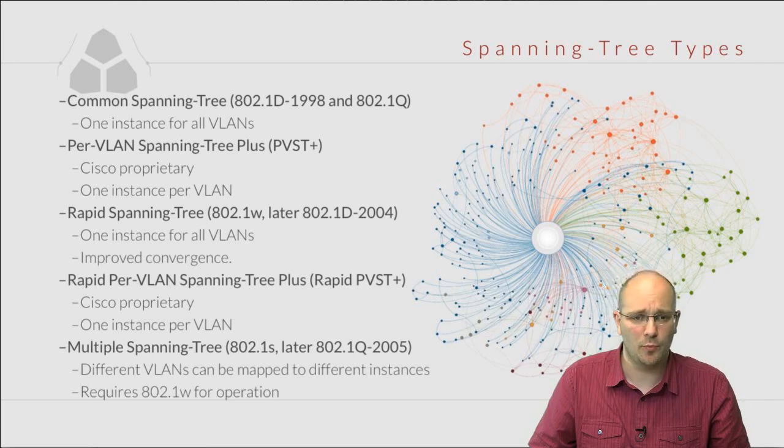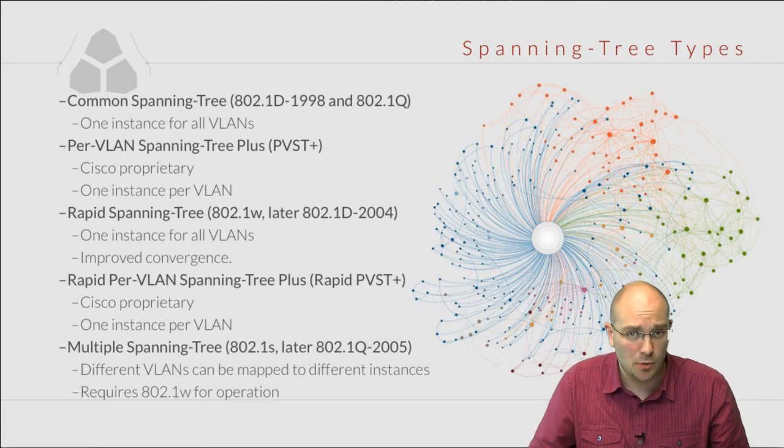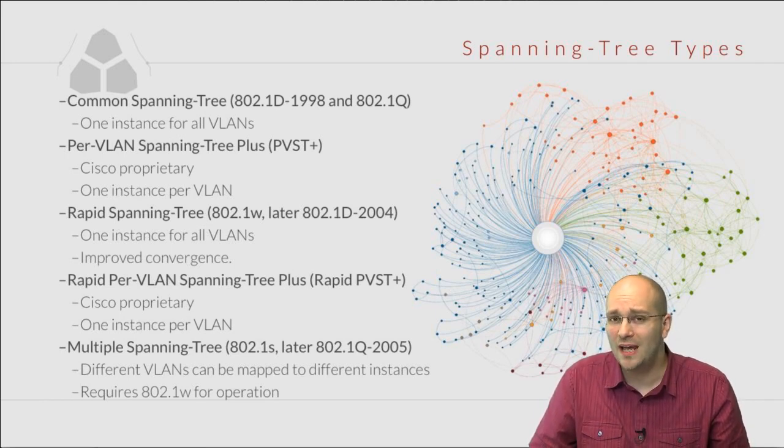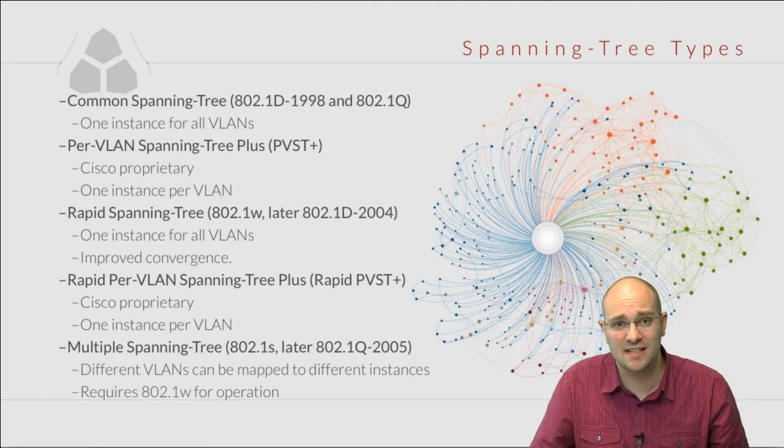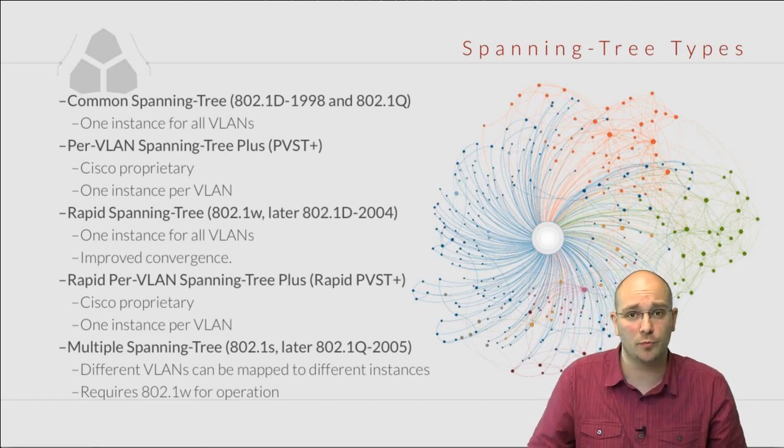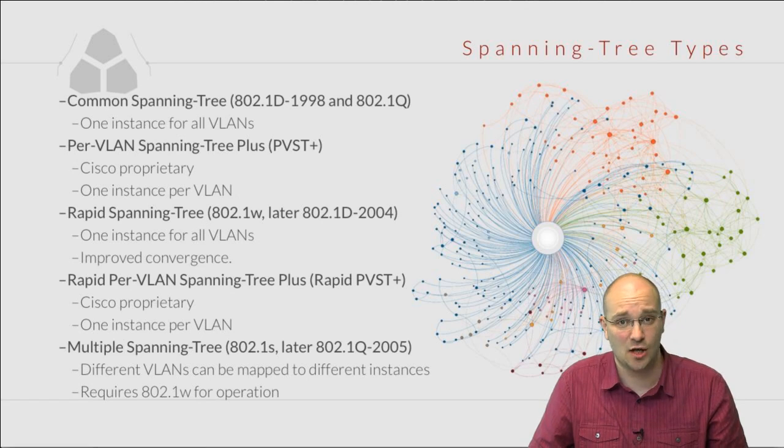Instead, Cisco came up with their own per VLAN spanning tree plus, called PVST plus, which is a Cisco proprietary approach in which we have a single instance of spanning tree for every single VLAN in the network. That means if we have 5 VLANs, we are going to be running 5 instances of spanning tree.